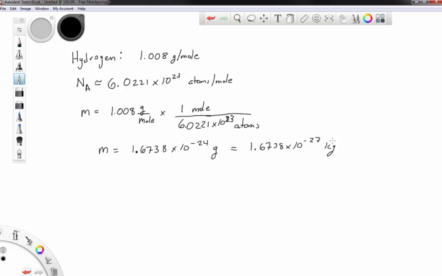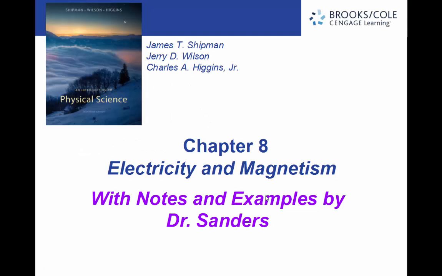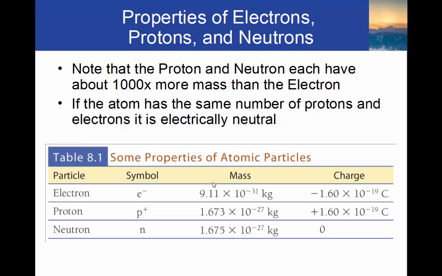The reason why I went ahead and converted this into kilograms is because if we go back and review our notes from chapter 8, the chapter on electricity and magnetism, we will find our old friend table 8.1, which we had some reason to look at a couple of times in the last chapter's examples.